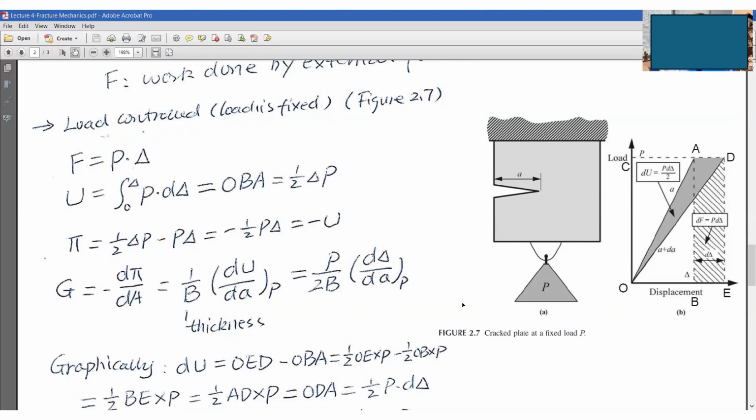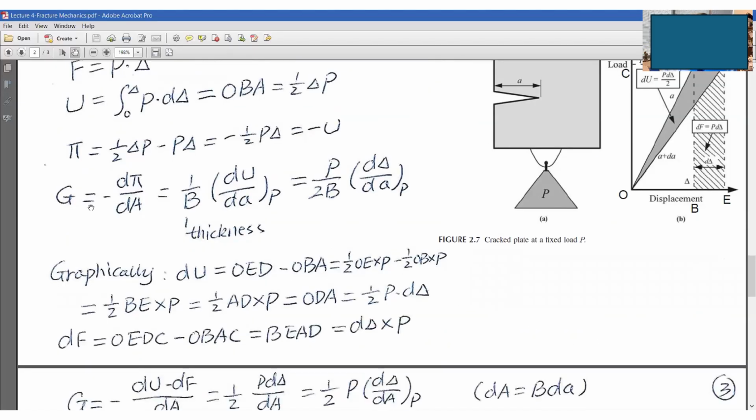So dA is very small. Then we get G is minus the derivative of pi with respect to A, right? Because B, the thickness, is constant, we can just take it out. Pi equals minus U, so this minus sign cancels this minus sign. We'll have dU/dA at parenthesis P.